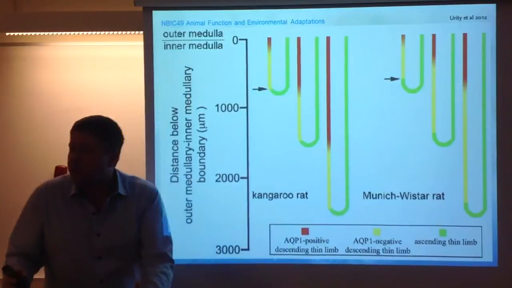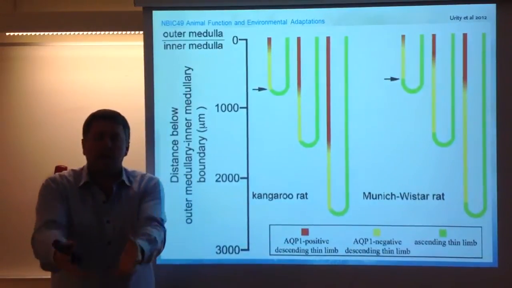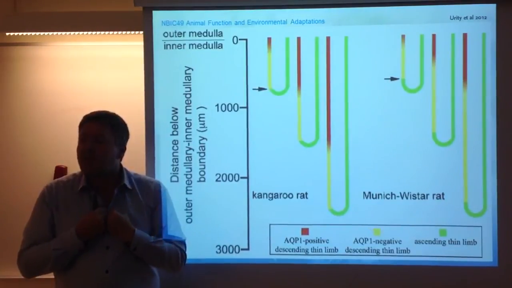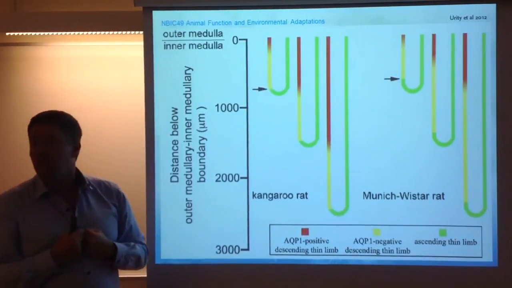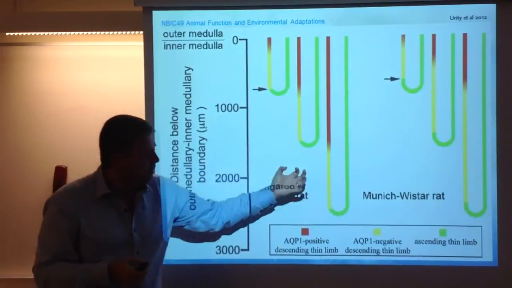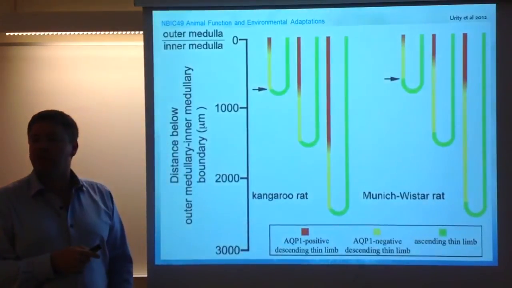As a consequence, the animal is removing more water through aquaporin 1, therefore being able to concentrate the urine more. And that's basically the last information that we have about how this process occurs.